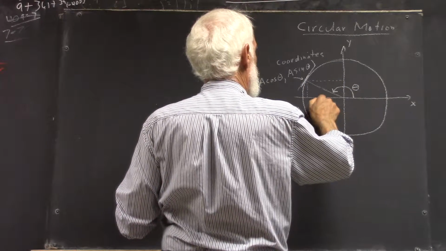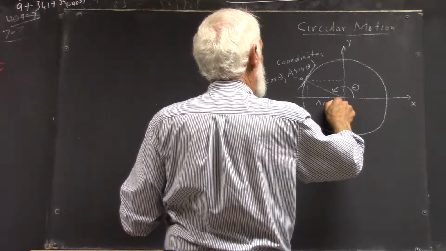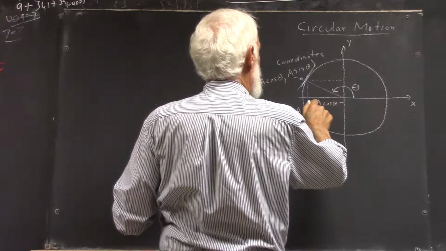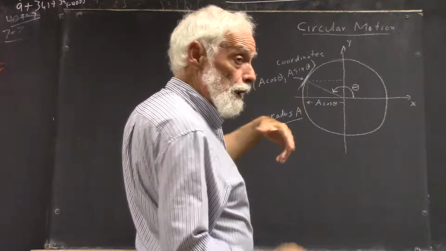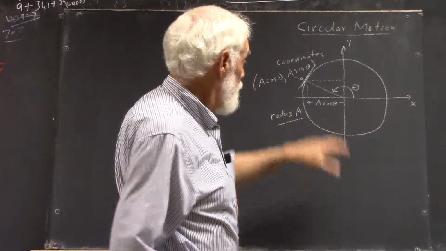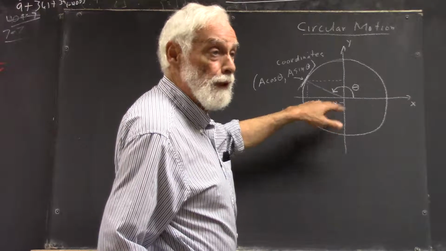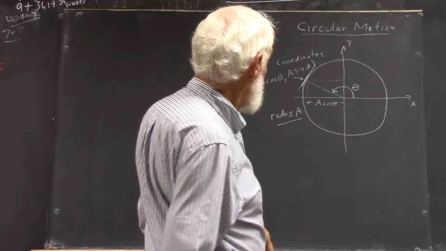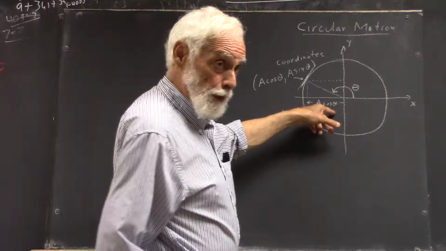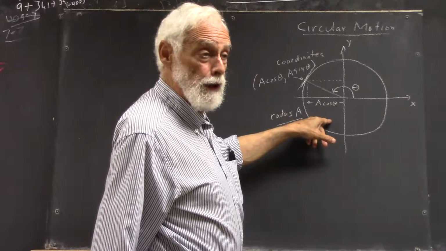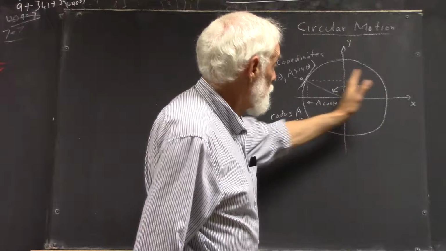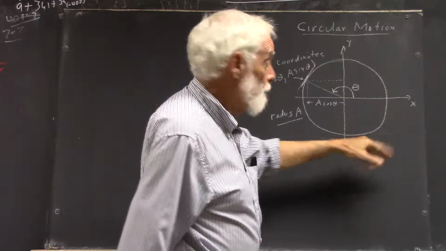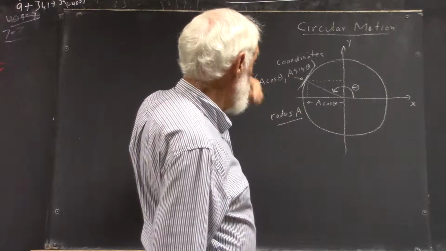And this projection here has a displacement from the origin, not a distance, a displacement of A cosine theta. Why do I say displacement instead of distance? Well, the distance is the magnitude of A cosine theta, but A cosine theta is negative in this case. It'd be positive if the point on the circle is in the first or the fourth quadrant.